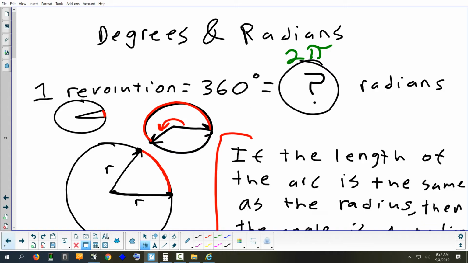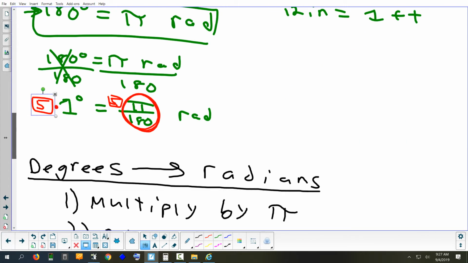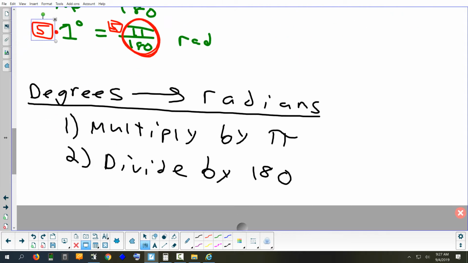Whatever number they tell you to convert, you always multiply by pi and then divide by 180. And that's how you convert from degrees to radians every time.